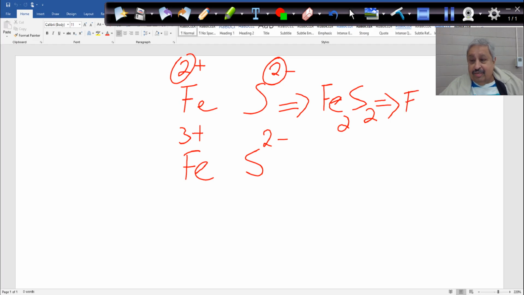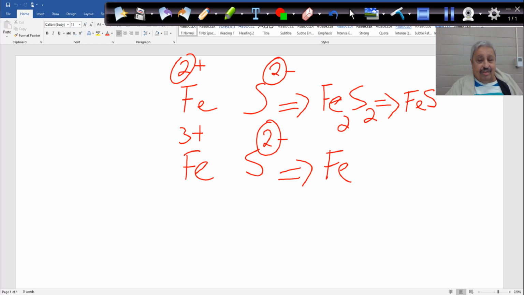So this one will be FeS. Correct? So how about the other one? The other one is very obvious. Iron will have the 2 from the sulfur, and the sulfide will have the 3 from the iron. So we don't have a common number, so we'll keep them as they are. Everybody's following?